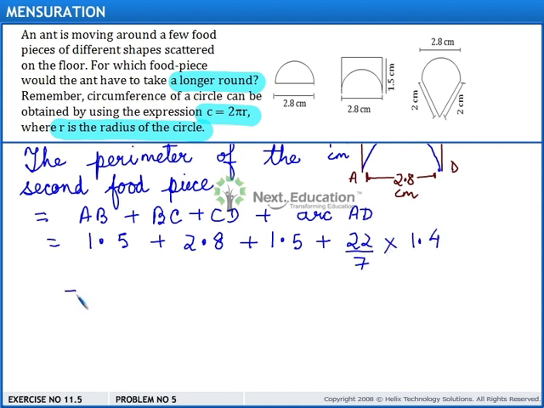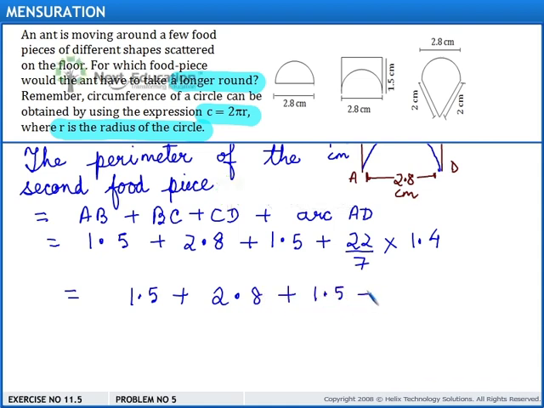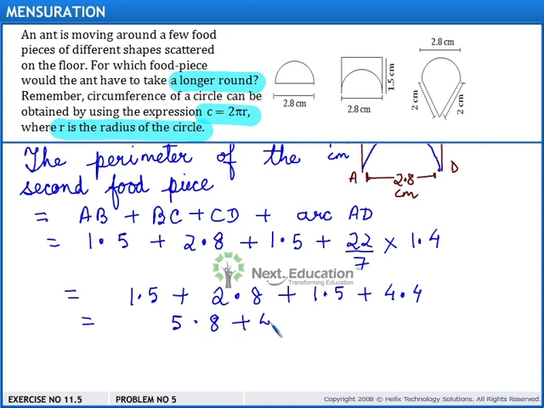So this is equal to 1.5 plus 2.8 plus 1.5 plus 4.4, which gives 5.8 plus 4.4, which is equal to 10.2 centimeters.